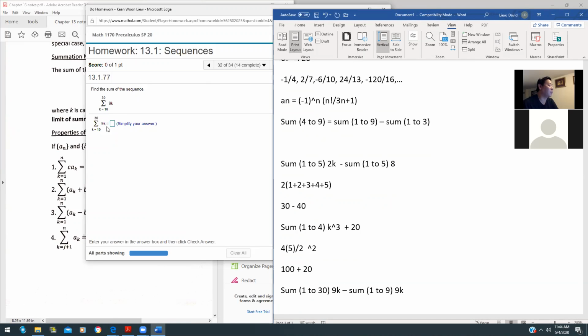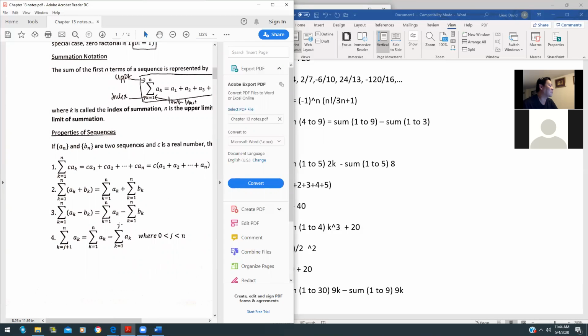The reason why you first find the sum up to 30 and then subtract the first 9 is because your k here starts from 10. So if your k starts from 10, then you will have to start minus 1.